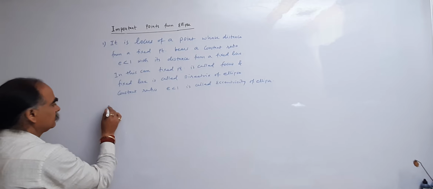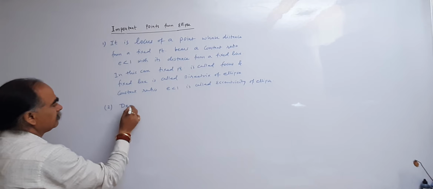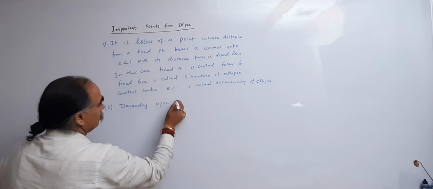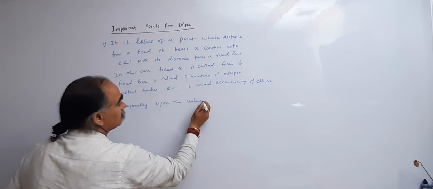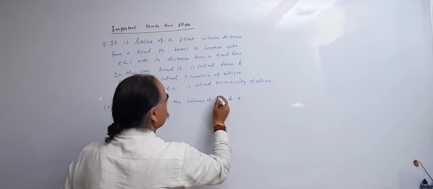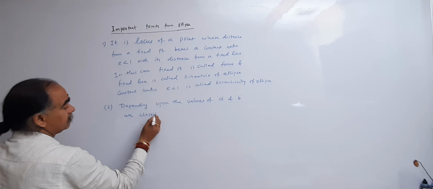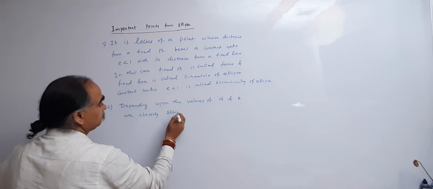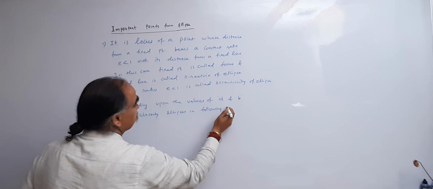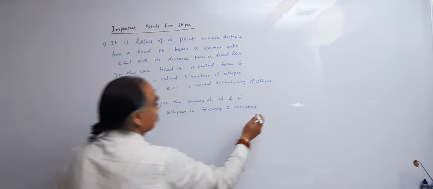The next point is what? Depending upon the values of a and b, we classify ellipses in the following two important categories.